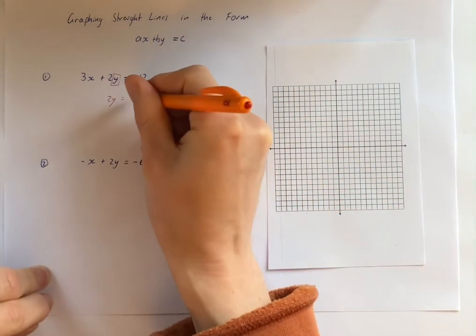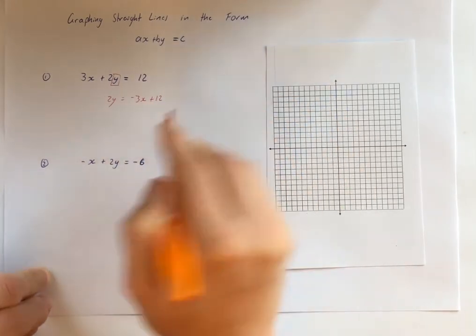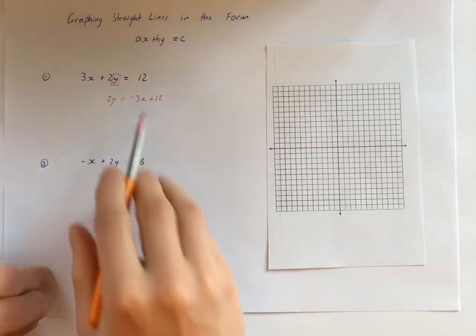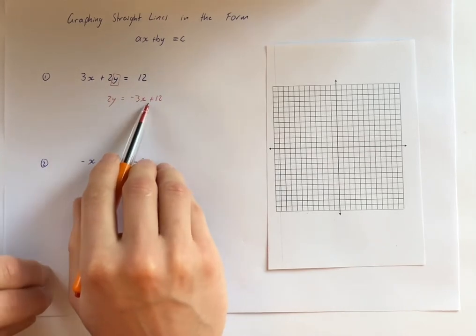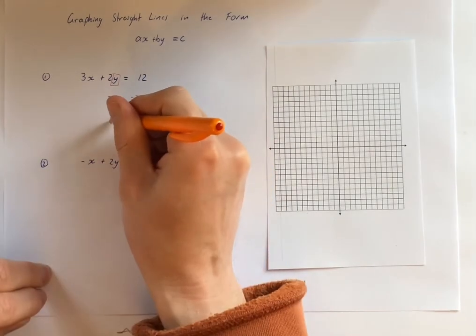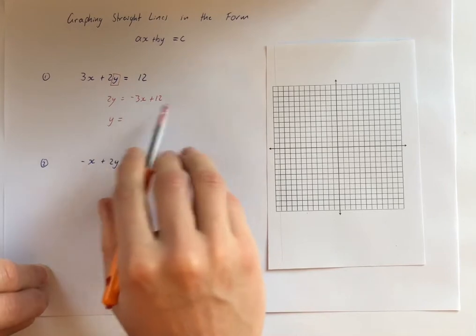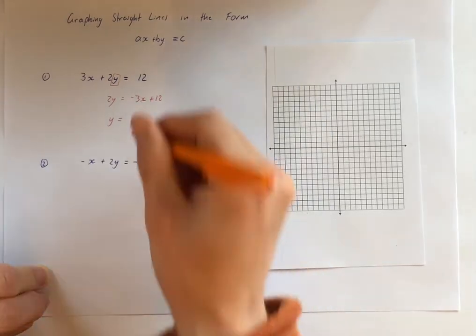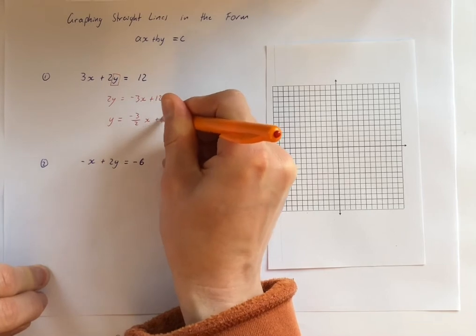When I subtract 3x, I'll put that before the 12, because when adding things it doesn't matter what order. 12 plus negative 3x is negative 3x plus 12. Then I need to divide out by that 2. I can divide everything by 2, because as long as I do it to both sides, it keeps that equality. So I get y equals negative 3 over 2x plus 6.